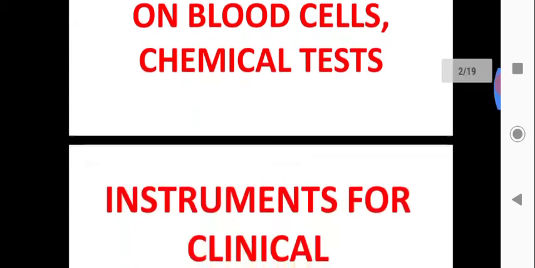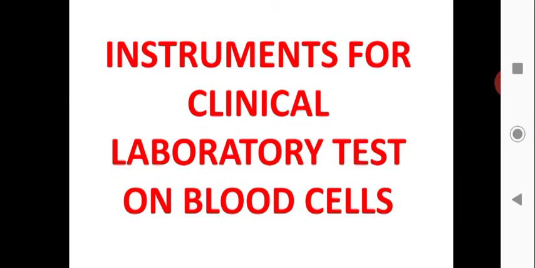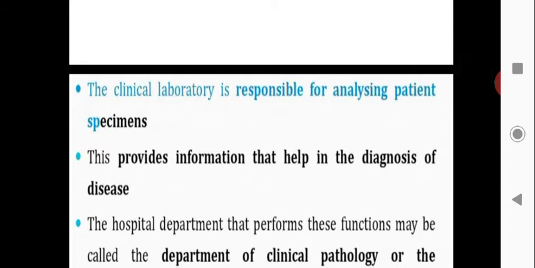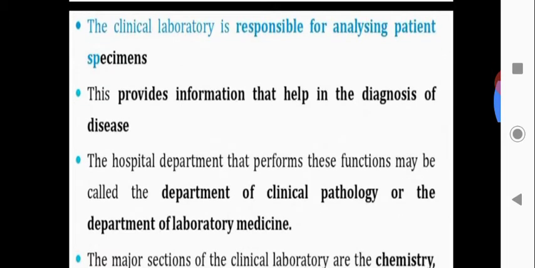Okay, now first we see instruments for clinical laboratory tests on blood cells. Here we see about the instruments. First, the clinical laboratory is responsible for analyzing patient specimens. Specimens means blood specimens, which a lab technician will take from your body as a sample of blood.